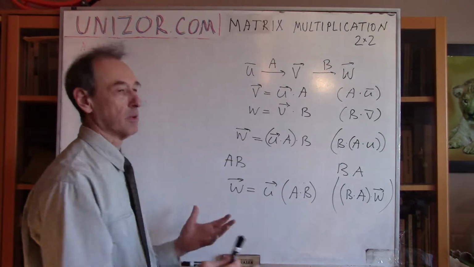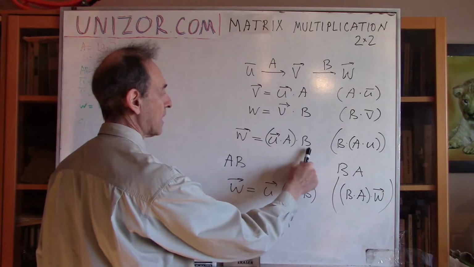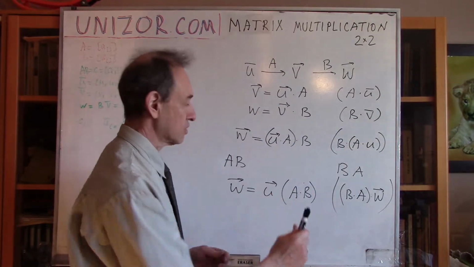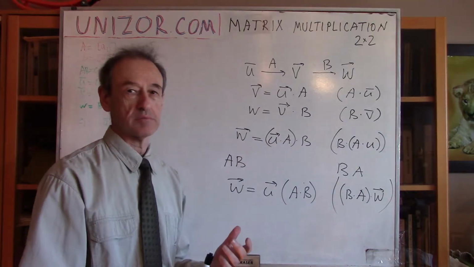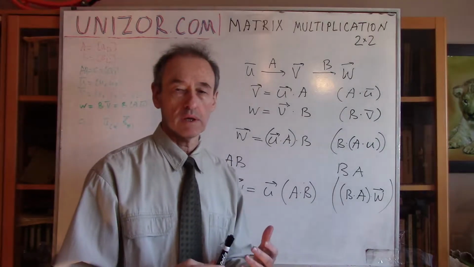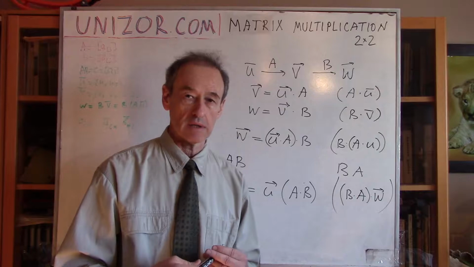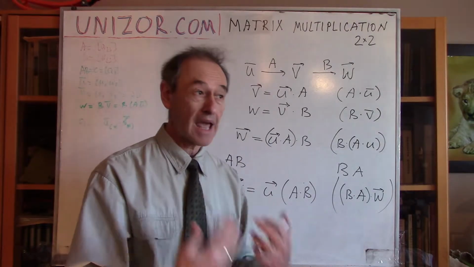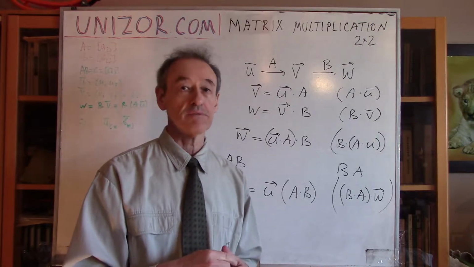These must be equivalent. So consecutive application of A and then B should be equivalent to a single application of the product of matrices A and B. So that's how I would like to define the operation of multiplication. I mean, that's the root of it. That's the understanding of what's behind the definition.